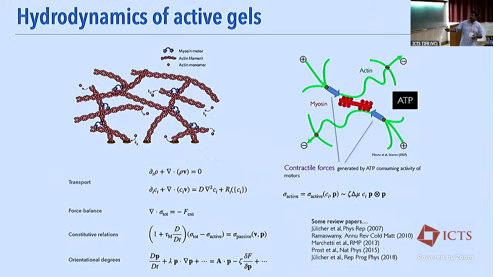You write down equations for densities, concentrations of embedded chemical species. So for instance, this is where our Turing-like systems sit. There's also a force balance, which, if you use some constitutive relations, will give you velocities or deformation rates. The constitutive relations can be something that comes from viscoelasticity. In addition, you could have liquid crystalline orientational degrees of freedom, like polarity or nematic order parameters.